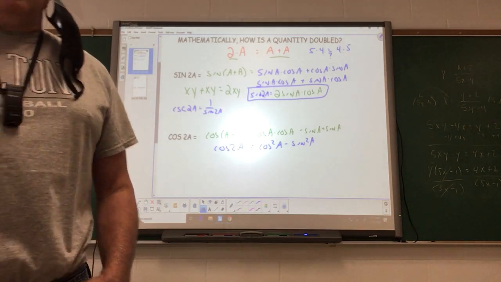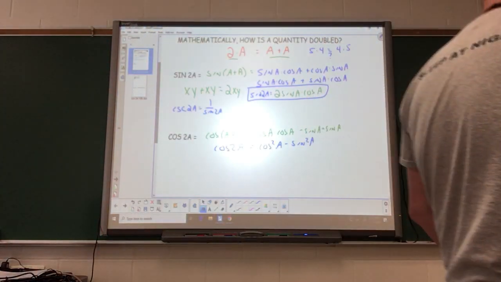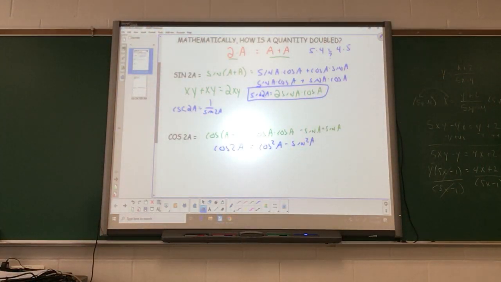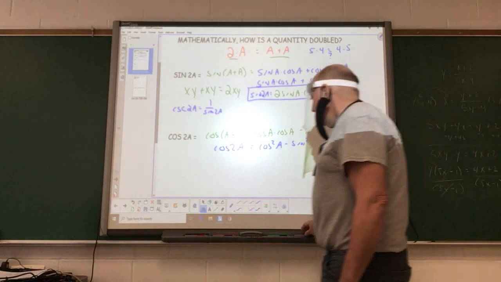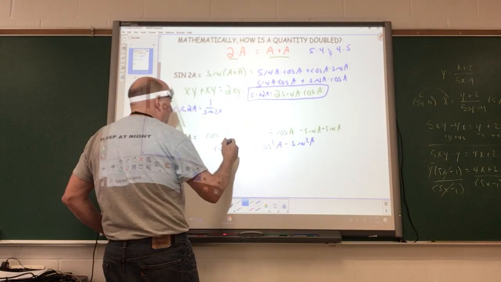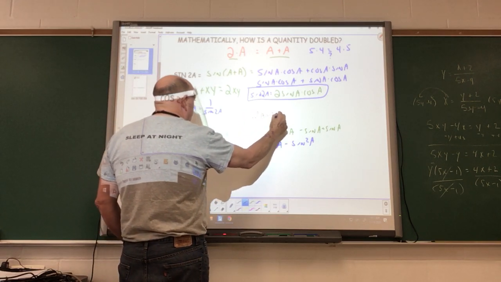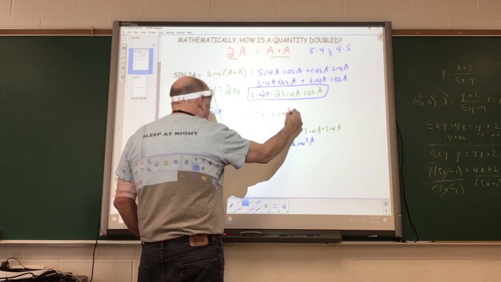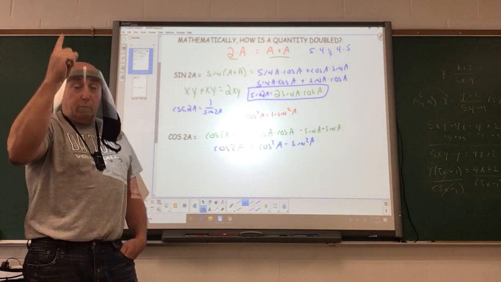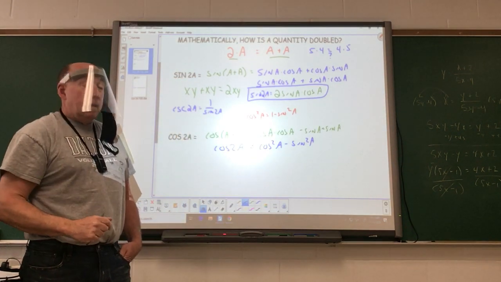Now with the cosine of the double angle, we got two alternate forms that we can work with. Because what we have here is cosine squared and sine squared. If you remember back, cosine squared of A is equal to 1 minus sine squared of A from previous things on the identity sheet.